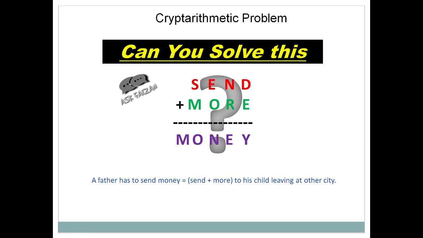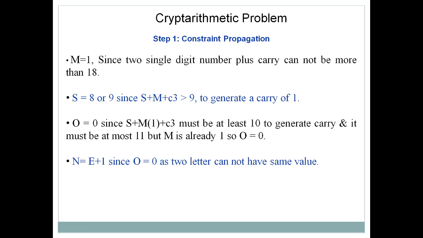The highest number is 9, and the second highest number is 8. So 9 plus 8 is 17, and a carry can be generated, at most 1. So it is 18. That means in any condition, the maximum addition of S plus M is not greater than 18. So this is our first constraint.